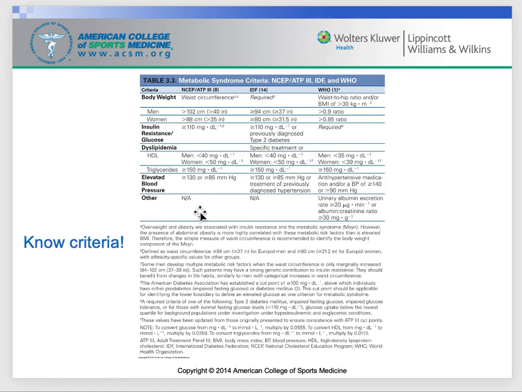But here with metabolic syndrome, anything above 110 is a cutoff that's not good. You would have that risk factor. HDL, that's low, and we have a gender difference. So low for men is less than 40, low for women is less than 50. That is not good. That would be another risk factor that would be positive for metabolic syndrome.